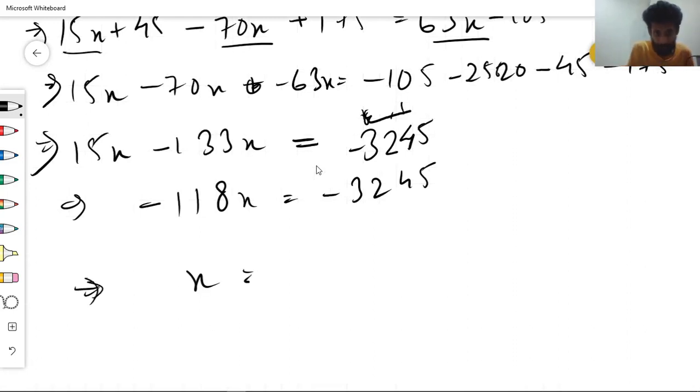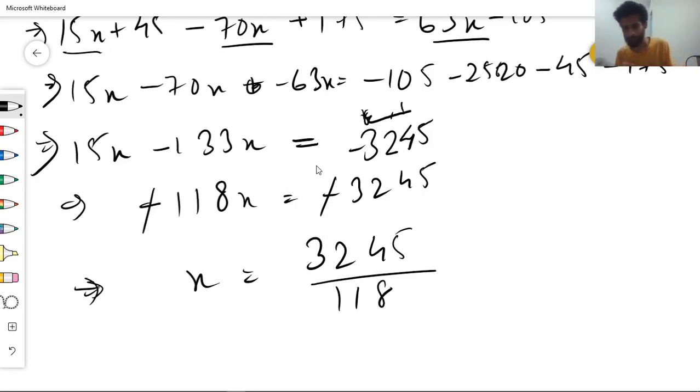This implies x is equal to, this minus will get cancelled with this one, so it will be 3245 by 118. Okay, so let me check the result of this one.